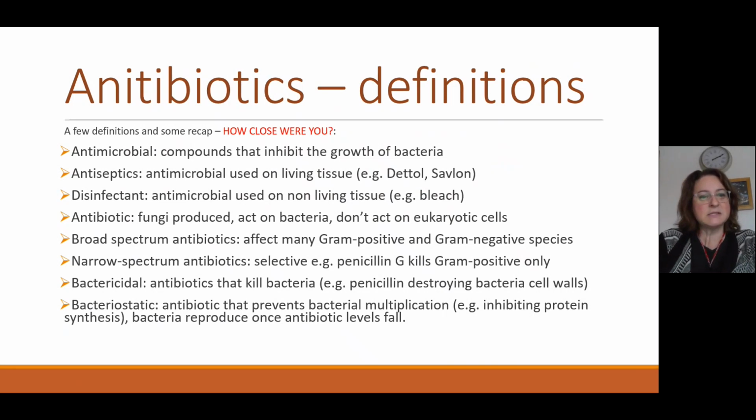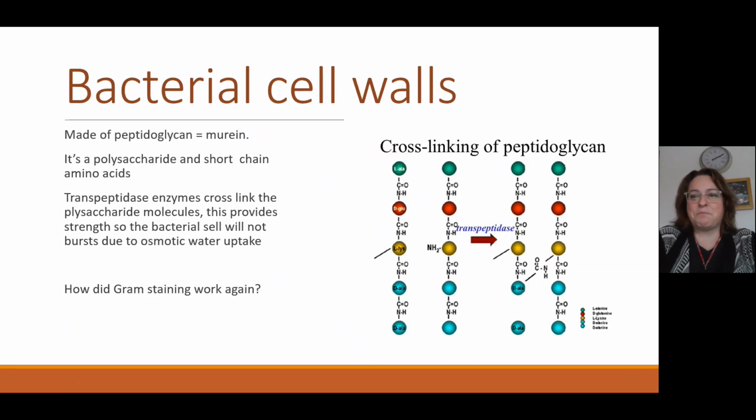So let's go through the basics of bacteria again. You should already know that for all bacteria, we've got peptidoglycan or murein in the cell wall. With gram-positives, there was a thick layer of peptidoglycan.